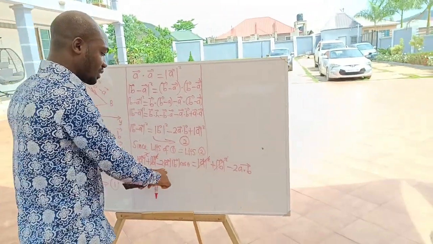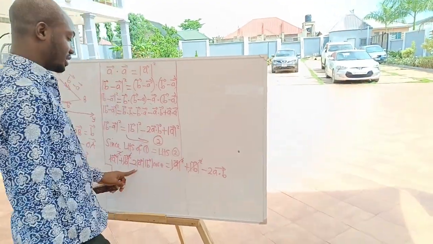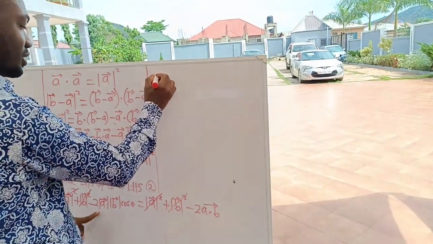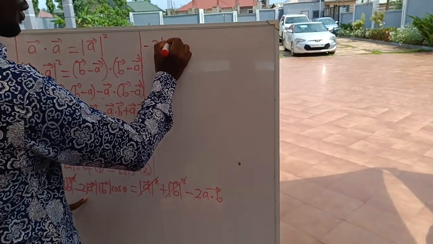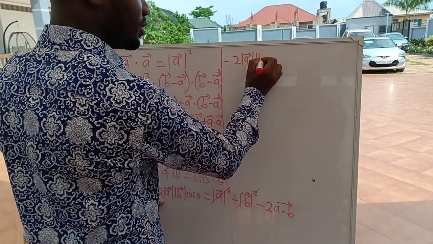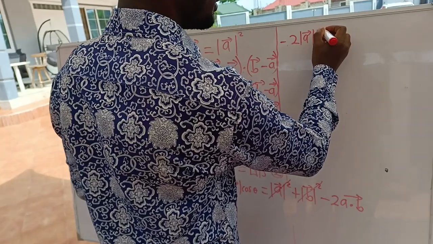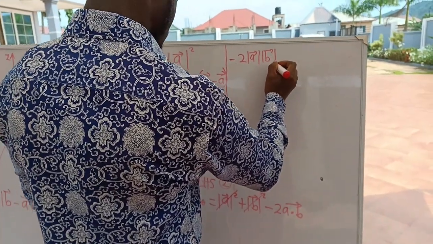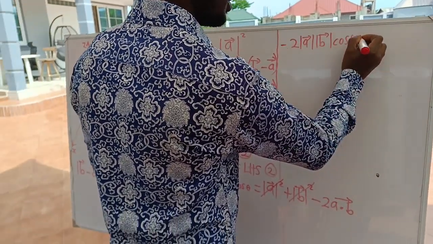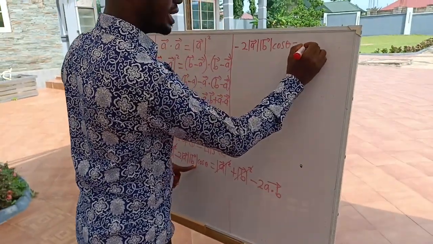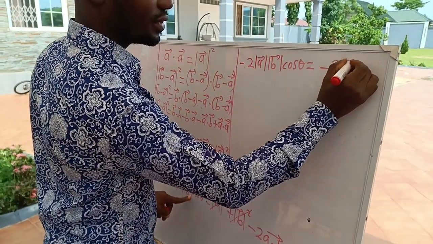And so we are left with this quantity to be equated to this quantity. That means that minus 2 magnitude of a times magnitude of b cos of theta is supposed to be equal to the negative of twice the dot product of a with b.